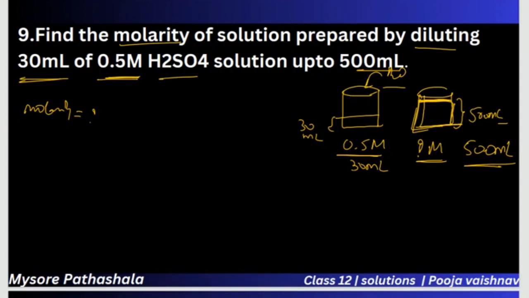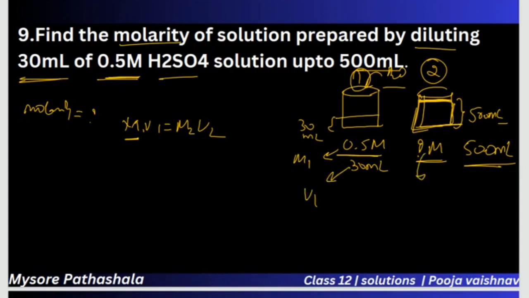Okay. So here we are going to see a new formula, that is M1 V1 is equal to M2 V2. Consider this one as the first solution and this one as the second. We are just equating this. This is M1, this is V1, this is M2 and this is V2.